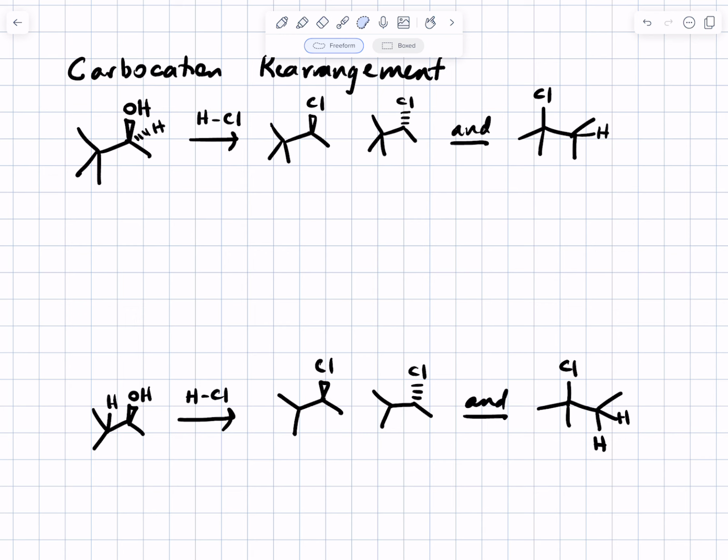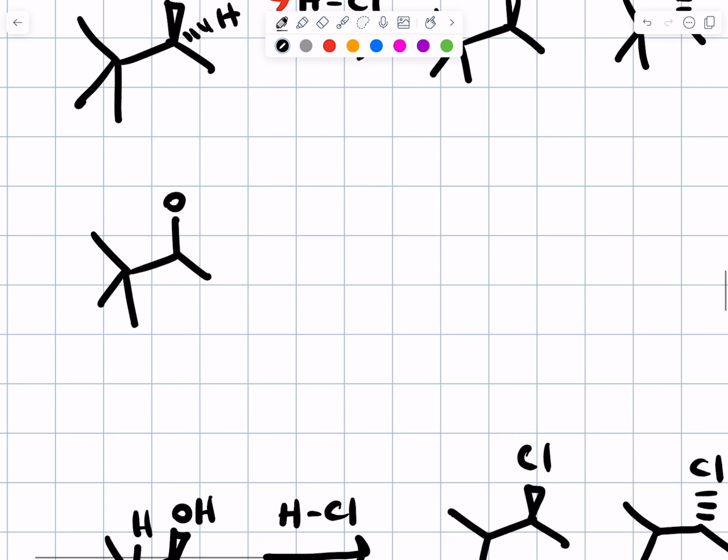Well, let's start with what we know. Lone pair electrons attack the hydrogen, thereby converting it into a good leaving group. Again, here is that water embedded as a leaving group in our molecule.